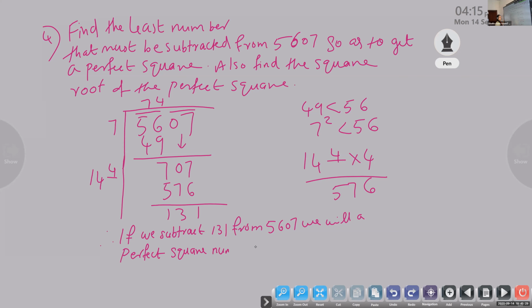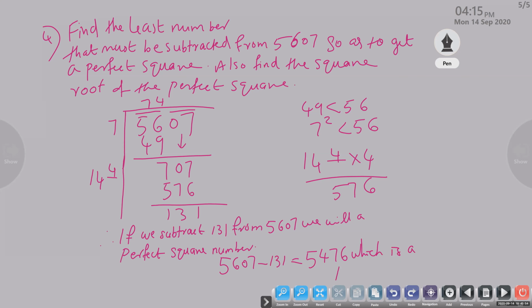That is 5607 minus 131, equal to what? 5476, which is a perfect square.